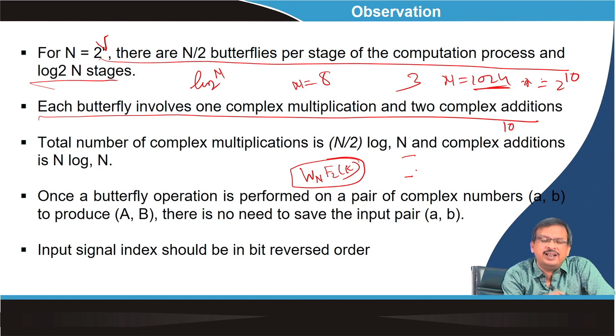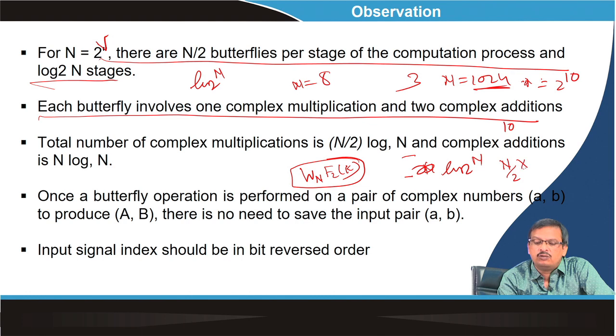How many stages will there be? There will be log 2 n stages. Each stage has n by 2 butterflies, so n by 2 into log 2 n.